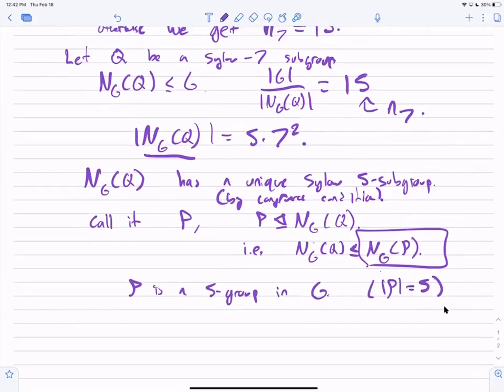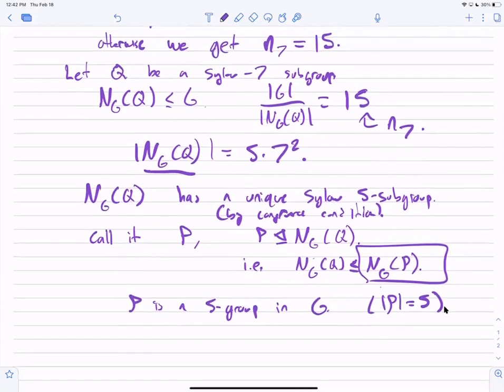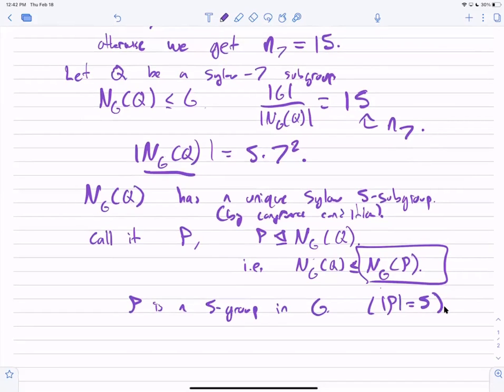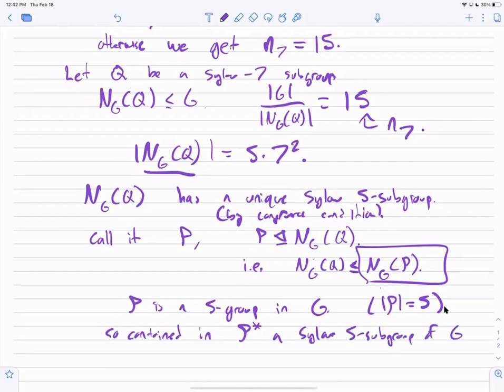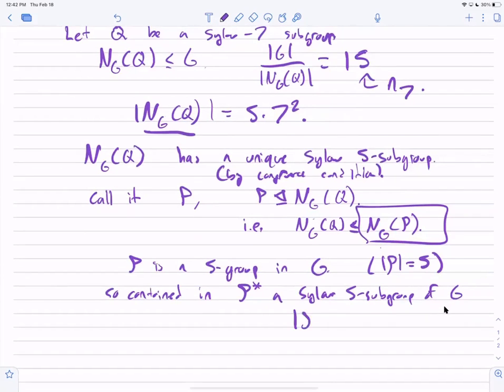And so it's contained in a Sylow 5-subgroup of G. So the order of P star is equal to 5 squared.